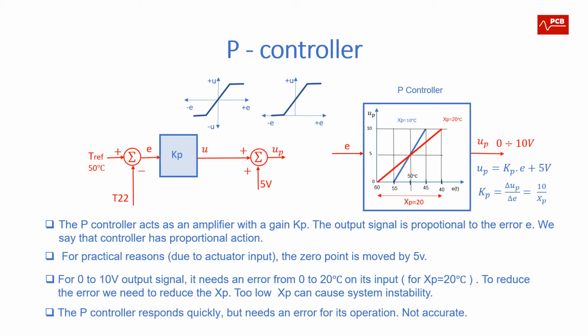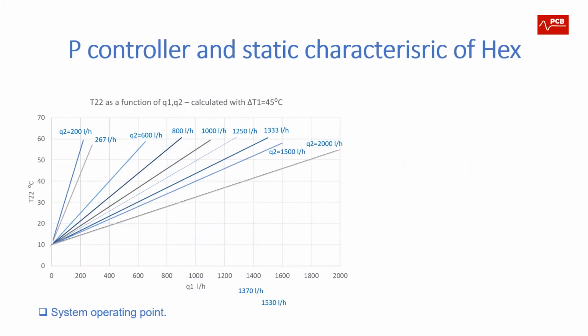So what are the features of the P controller? It responds very quickly to error, but needs an error for its operation, so it is not accurate. How does the P controller work together with the heat exchanger? Here is a static characteristic of the heat exchanger, and our reference value in our case is 15 degrees.